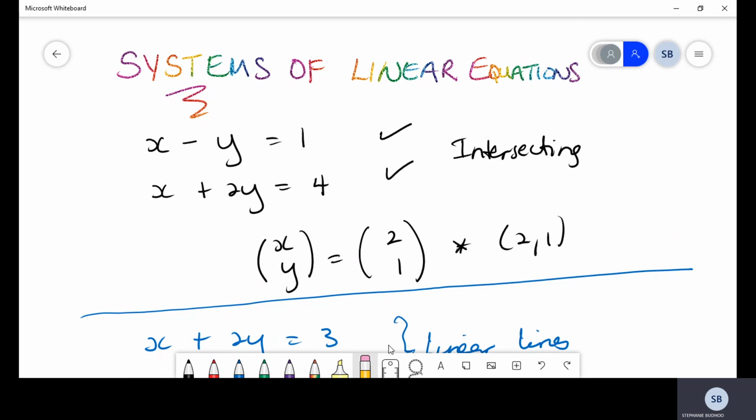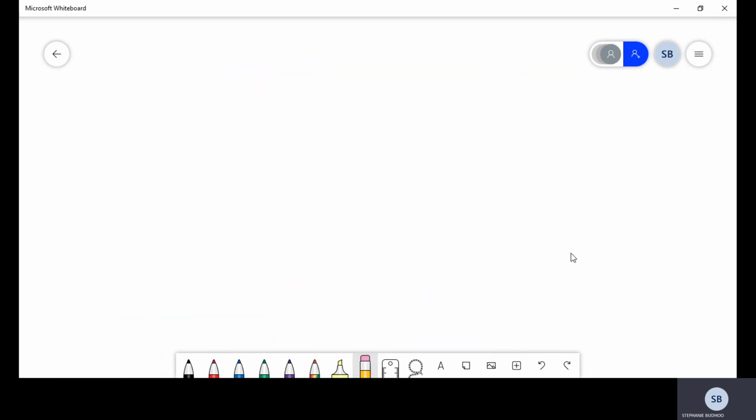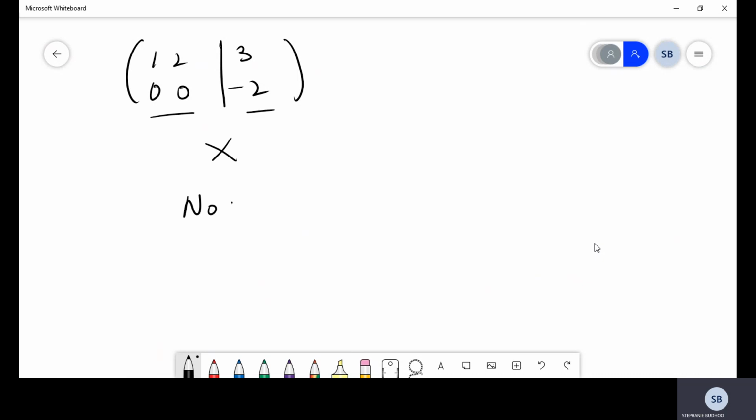One last time on screen, I will highlight the last two. All right, so if something reduces to the nature where you have 0, 0, -2, say this situation here is not possible, so there are no solutions.